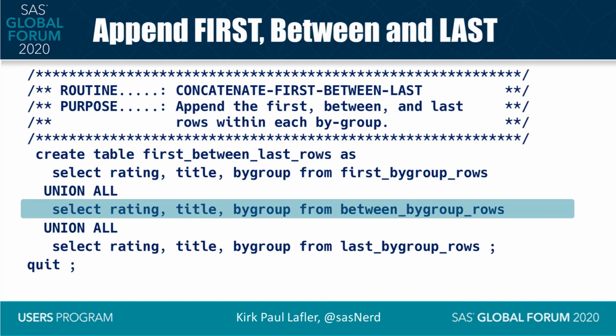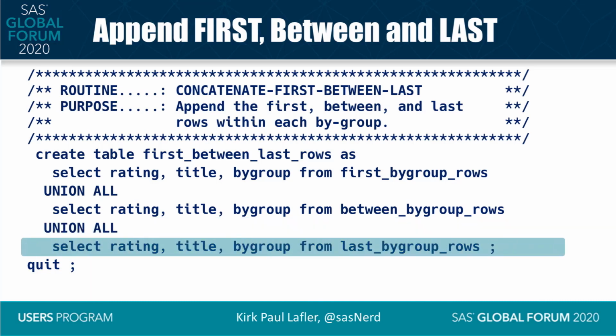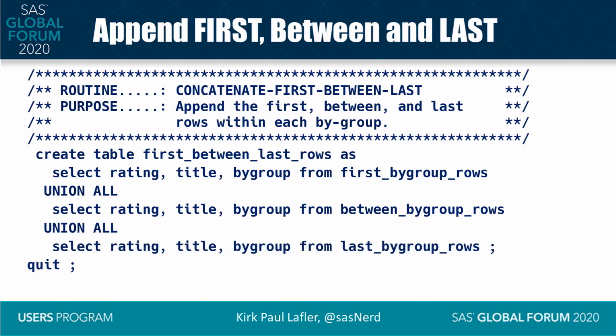Now there are other ways to do this, obviously, but since this is a PROC SQL tutorial, I wanted to show you a way to concatenate using SQL. And the union all set operator is going to collect all the rows, including duplicates. And this is what we're going to get.